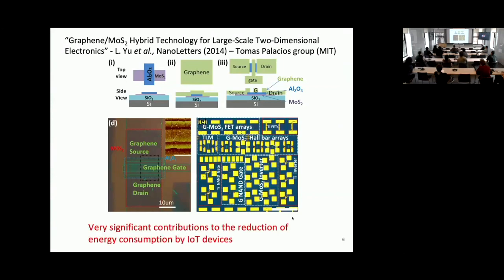Indeed, it is expected that these types of devices will make very significant contributions to the reduction of energy consumption in Internet of Things devices, because naturally, being confined in the ultimate atomic thin layers, they have the lowest possible consumption in energy.